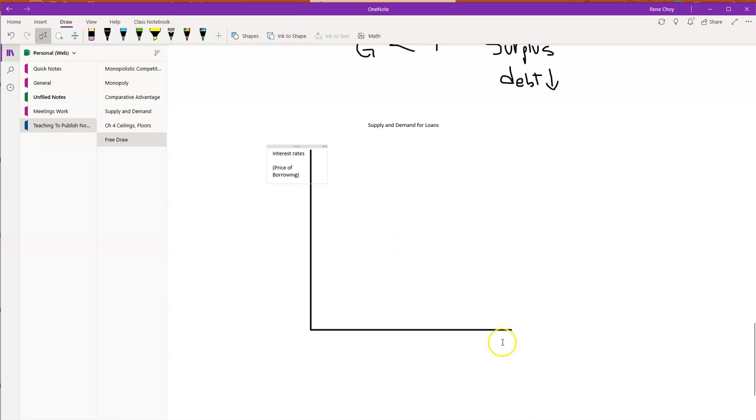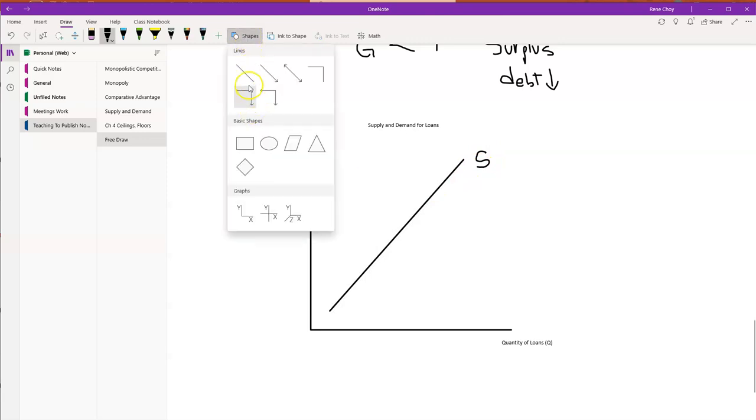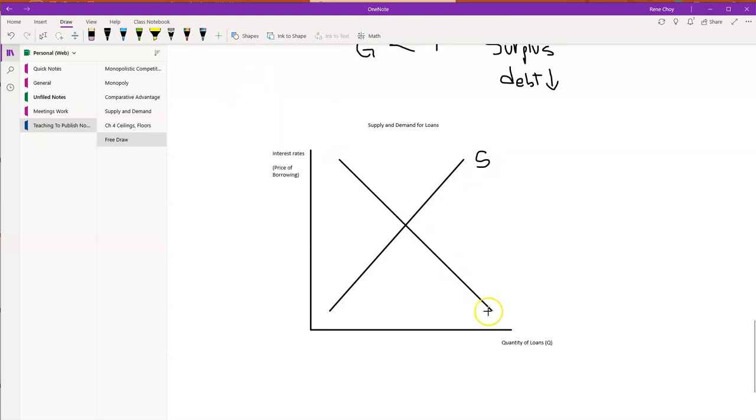Okay, and on this side we have the quantity of loans available, which again, remember, we just use the letter Q for quantity. So in the market for loanable funds, we have a supply of loans, and we have a demand for loans.